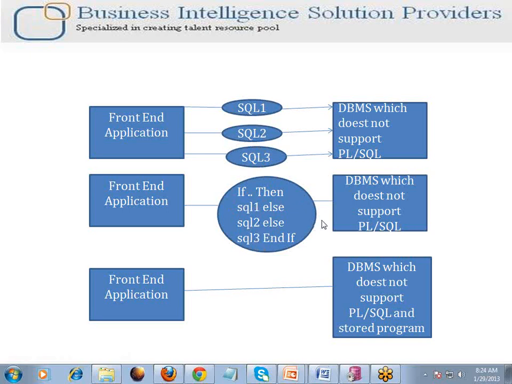This whole block will go to the Oracle DB, and all the requirements written in SQL 1, 2, 3 will be processed only one time at the database side, and the information will be fetched back to the front-end application. So IO will be only once. It will hit the database only once, not thrice or twice, like in the first example.